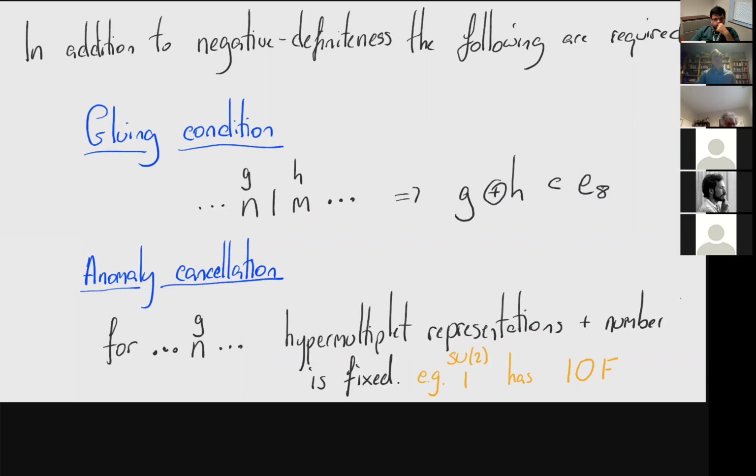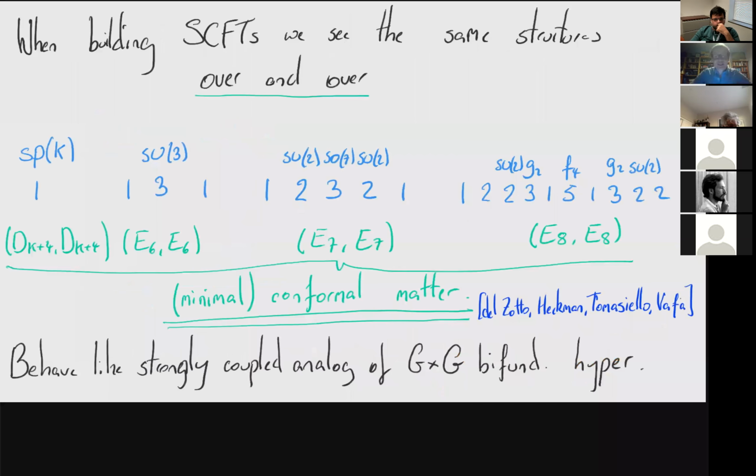Okay, so when you're building superconformal field theories in this way, you see the same structures coming up over and over again. And when you see that, it's good to give it a name. So these are some of the structures that come up very often, and they're called minimal conformal matter. And they were originally studied in this paper by Del Zotto, Heckman, Tomasello, and Vafa. And you see they're associated to DD, E6, E6, E7, E7, E8, E8.